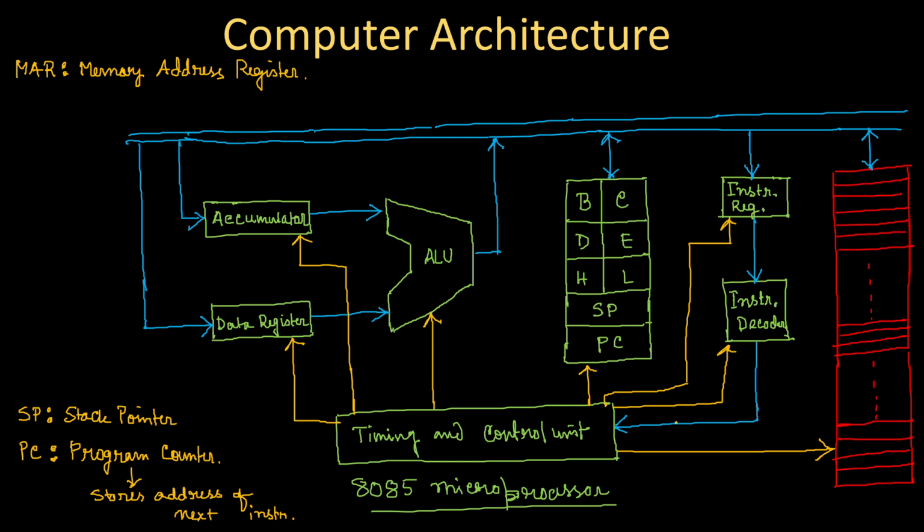At the same time, since the read signal is activated, what will happen? The instruction present in that particular location of the RAM will be available on the common data line through this particular junction.